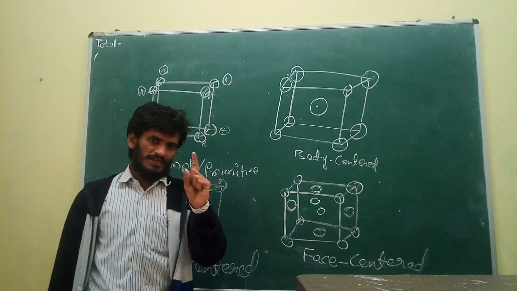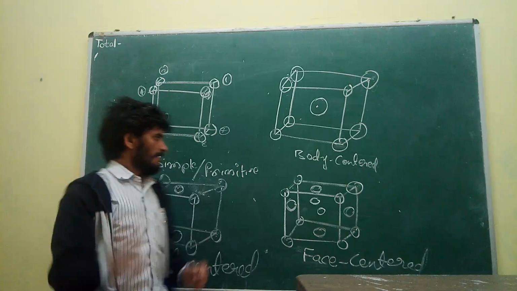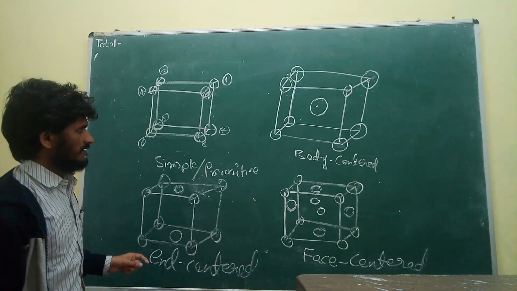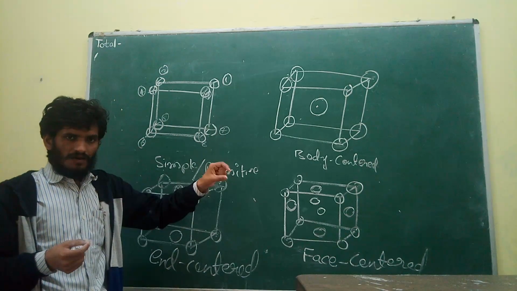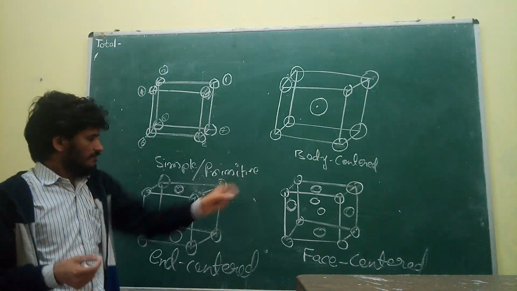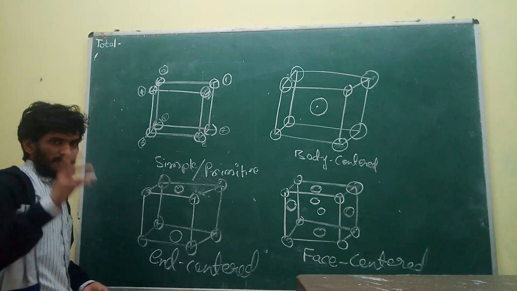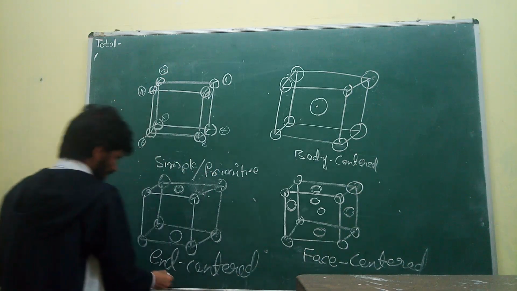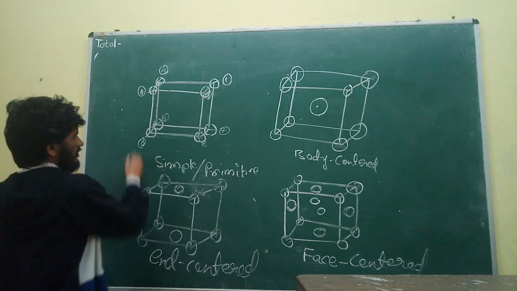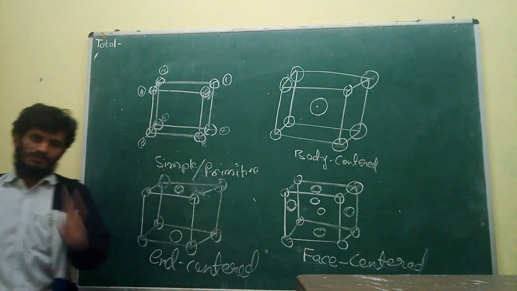One is the simple unit cell, meaning only the lattice points are located at the corners. Body centered means, additional to the corners, in between or on the surface an atom is present, then we call it body centered. There are three types of centered unit cell, that is the body centered unit cell, face centered unit cell and end centered unit cell. These are the types of unit cell, basically divided into two types.